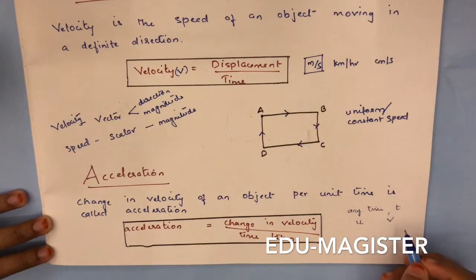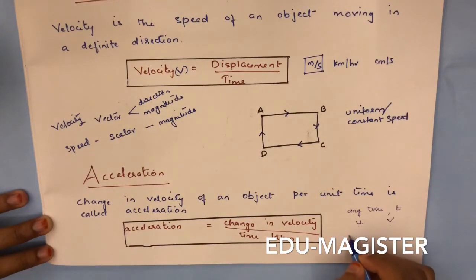During any time interval, the object will have an initial velocity and a final velocity. Why? Because the velocity is changing. At the start of that instant, the object has an initial velocity, and when that instant is ending, it will have another velocity. Those two are the initial and final velocity.